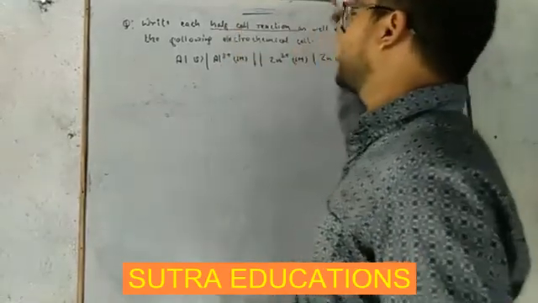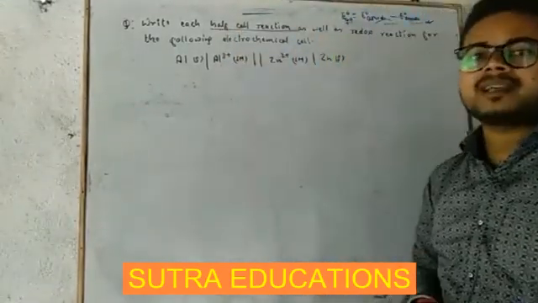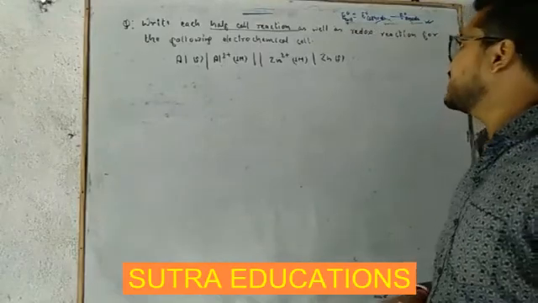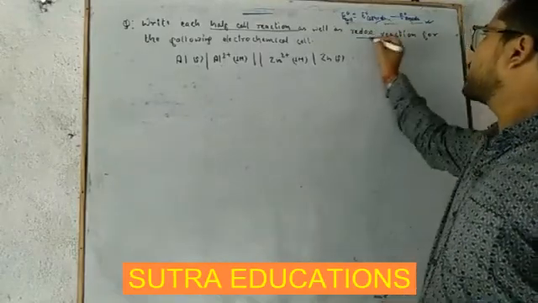Each half cell reaction means oxidation half cell and reduction half cell. Then also we have to write the redox reaction.